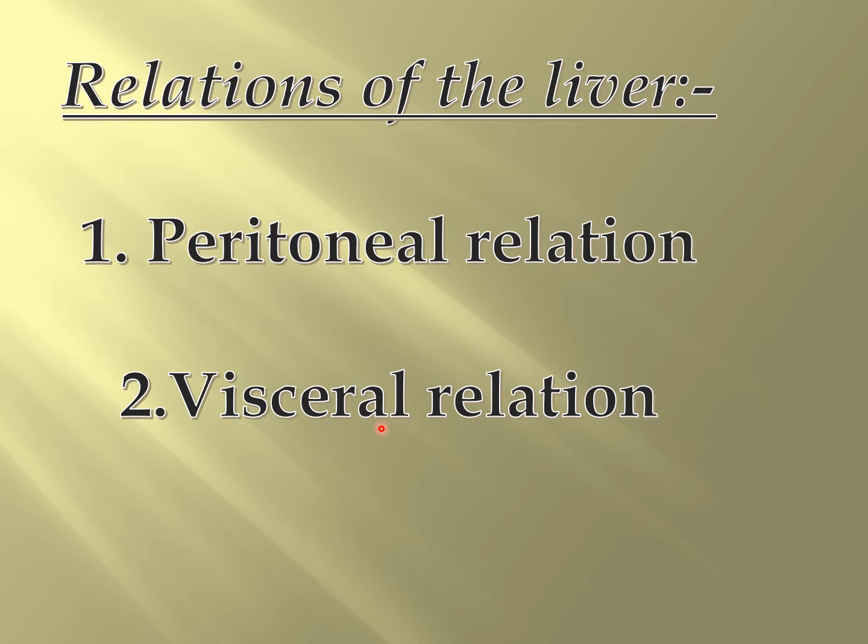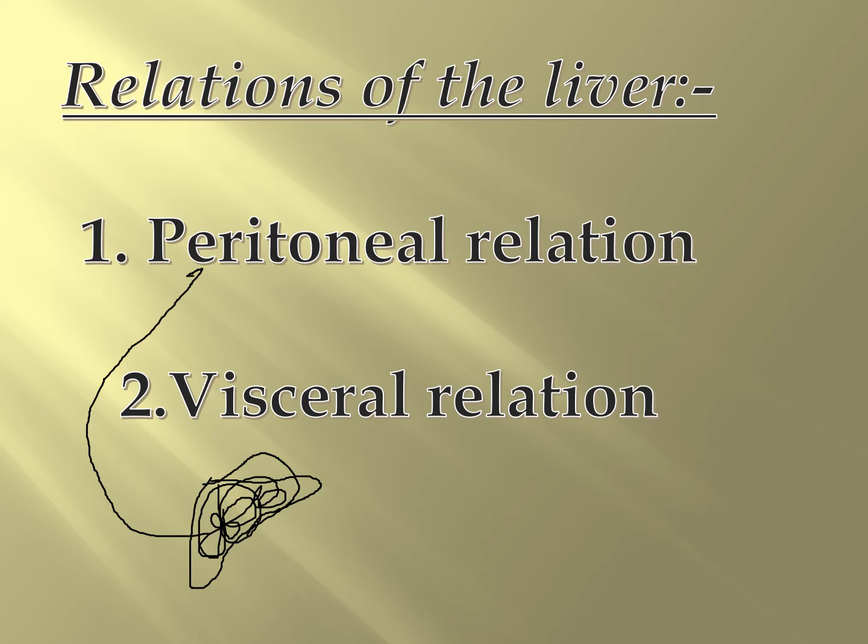Now, you have to understand what this peritoneal relation is. Peritoneal relation means the covering of the liver. What is covering the liver? That is the peritoneal relation of the liver.